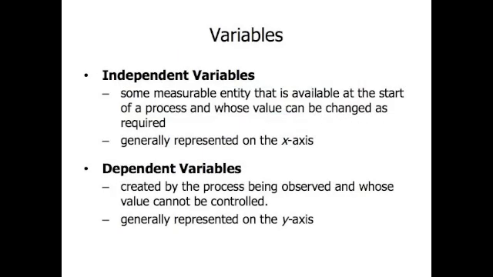Moving on, one of the most common functions of visual displays of information is to present the relationship between two variables, such as in a graph. As we discussed in section 1.8, an independent variable can be changed by the experimenter as required, while the dependent variable is one whose response is created by the process being observed and depends on the independent variable.